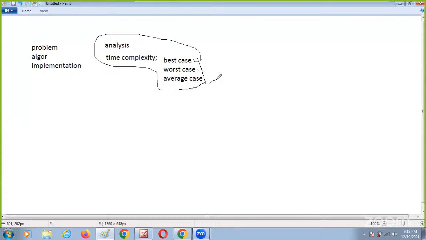I am going to explain what the best case and worst case time complexities are by taking some example problems, so that you will understand very clearly. Let us take one simple problem.